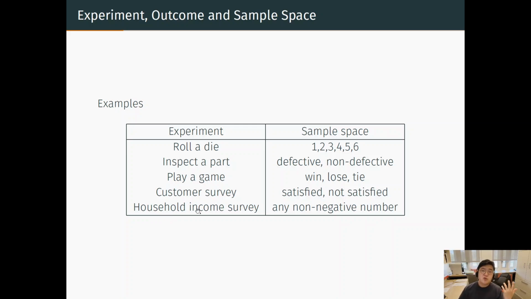If you ask about income, it can be any non-negative number. Your income can be $0 or like $1 billion. Any number is possible. So in that case, you have to think about probability as a function from any non-negative number to probability.